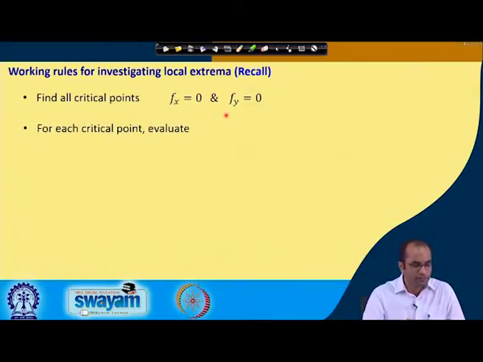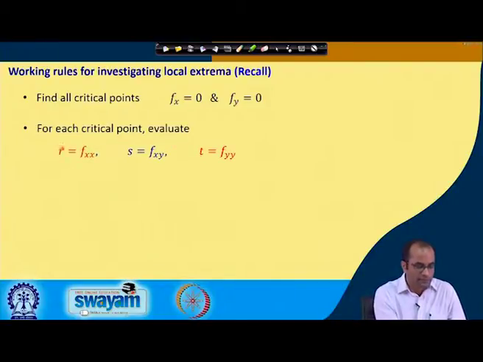Those will be the critical points, and for each critical point we will evaluate r, the notation we used for the second derivative with respect to x, then s, the mixed derivative, and t, the second derivative with respect to y of this function f.